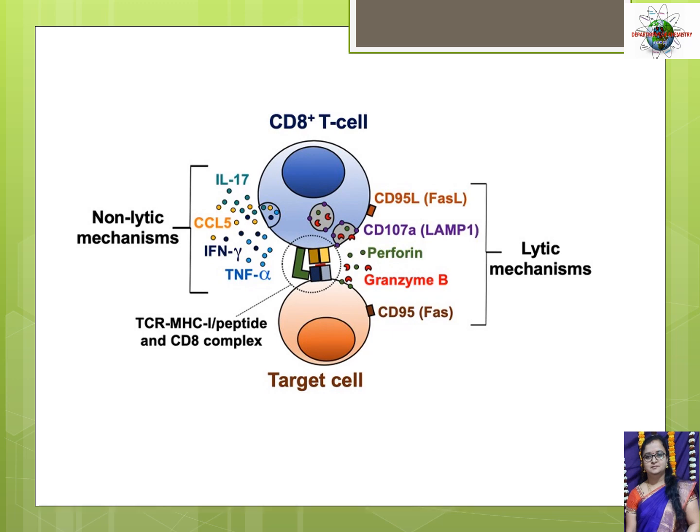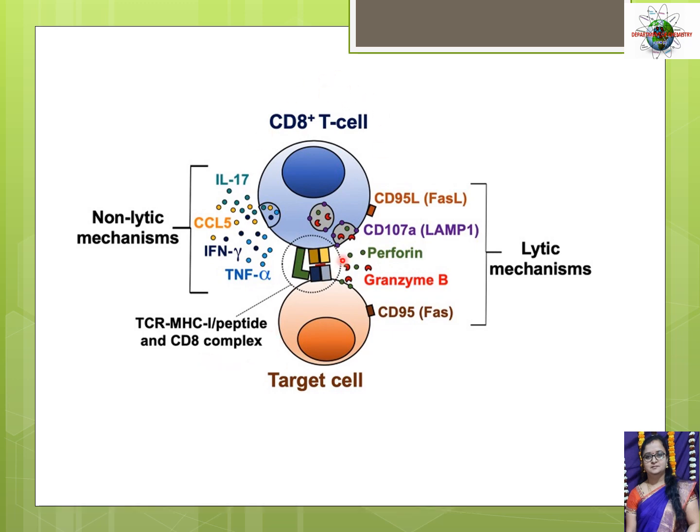This is a picture showing the CD8 cell killing the cell which is infected by a virus. That means if a cell is infected by a particular virus, this CD8 cell kills that particular infected cell. Here MHC means major histocompatibility complex.